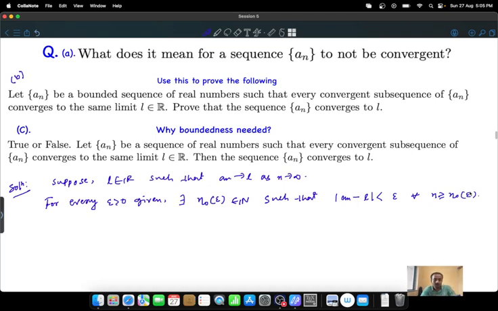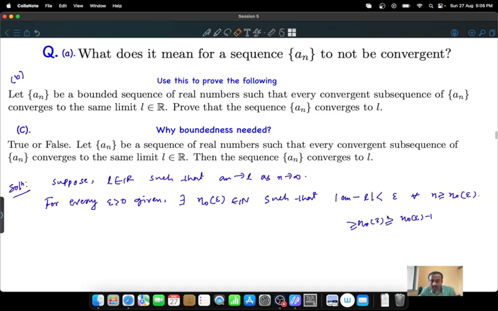Note that once you get such a number n naught which depends upon epsilon, the condition is also true for any bigger number.